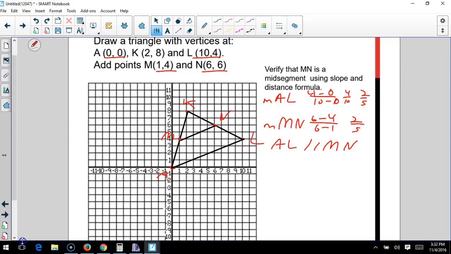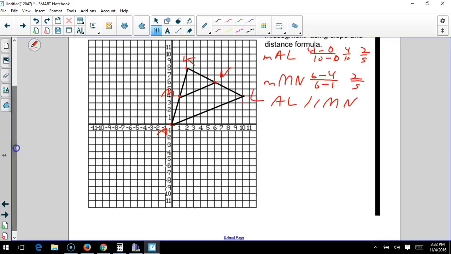Now we have to do the distance of both. I know this is everybody's favorite. So the distance of AL is the square root of, so we take the x's 10 minus 0 squared plus the y's 4 minus 0 squared.